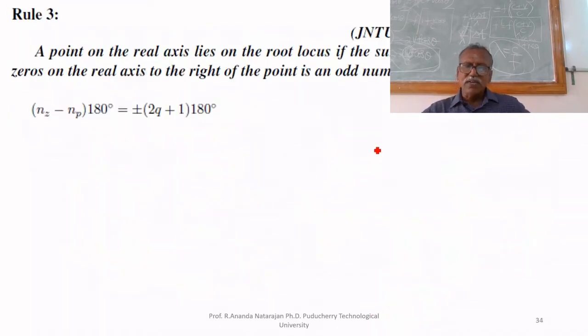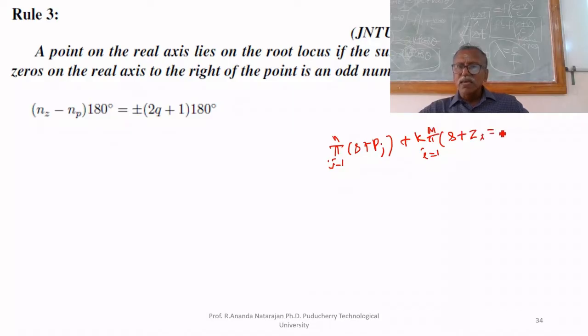This can also be written as what we got finally, product of J equal to 1 to N, S plus Pj, plus K times product of I equal to 1 to M, S plus Zi, equal to 0.